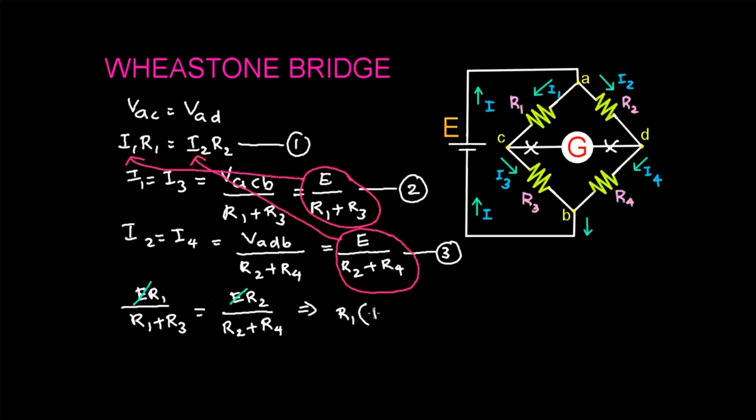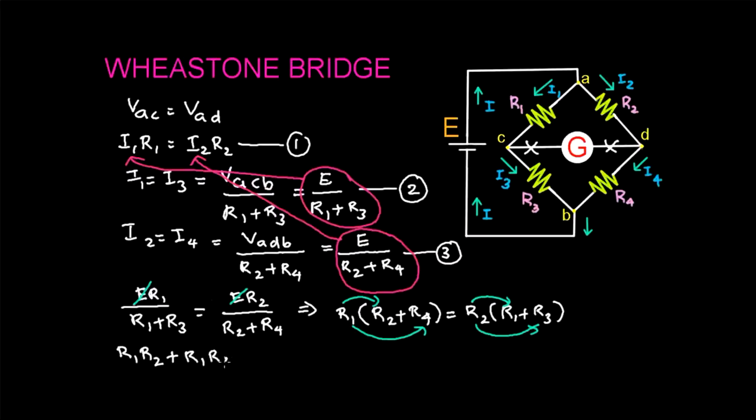I am just cross multiplying, so I will get R1 into R2 plus R4, which is equal to R2 into R1 plus R3. If I multiply inside, I essentially get R1 R2 plus R1 R4 equal to R2 R1 plus R2 R3.